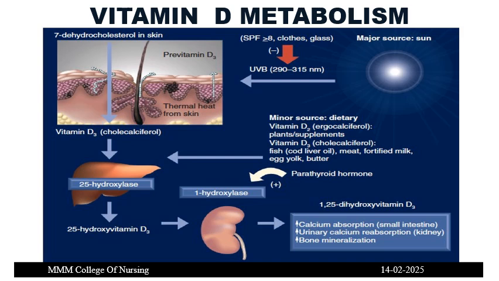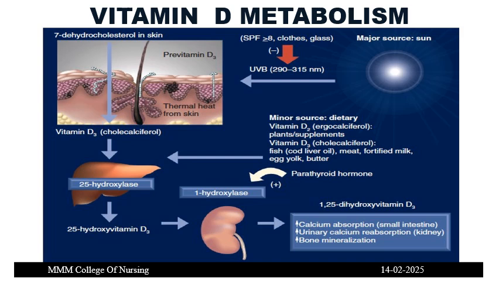From there it goes into the liver, where vitamin D3 is converted into 25-hydroxy vitamin D3. The enzyme is called 25-hydroxylase, which converts vitamin D3 to 25-hydroxy vitamin D3. And from there it enters the kidney. So what happens in the kidney? It has 1-alpha hydroxylase and also parathyroid hormone.